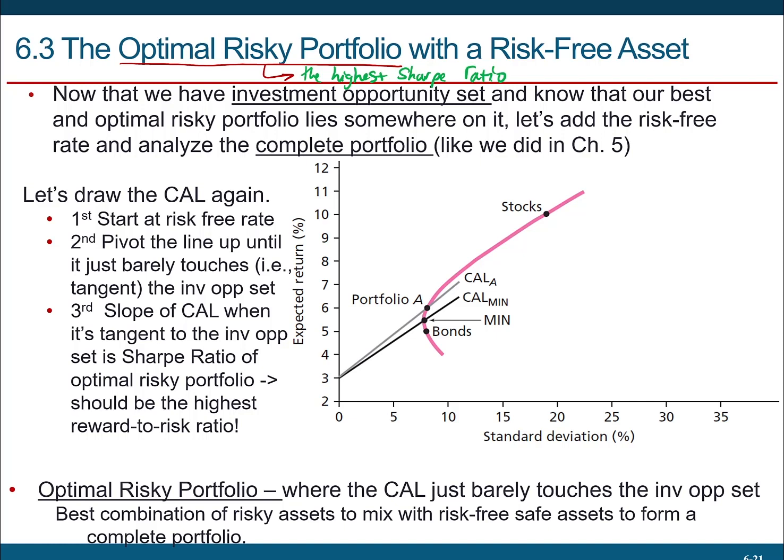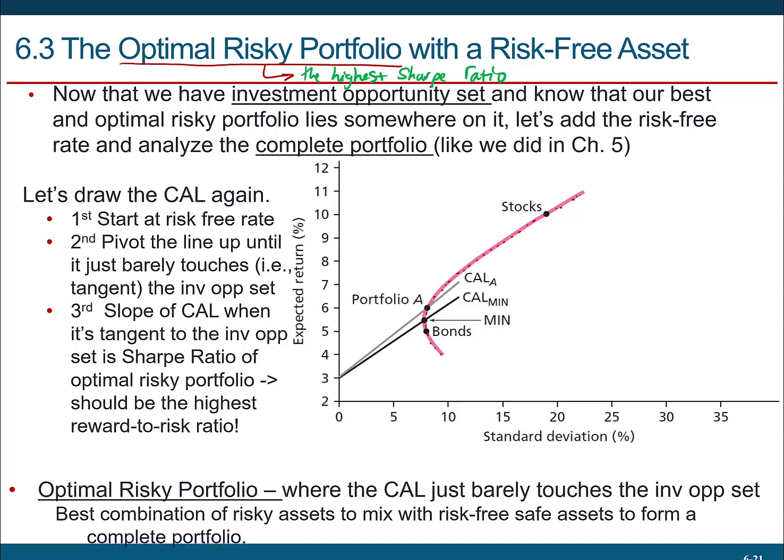The highest Sharpe ratio, the best return for the amount of risk, the best bang for the buck. So that means we're going to have to find, out of all these portfolios on this curve, which are all combinations of stocks and bonds, a particular portfolio that has the highest Sharpe ratio.